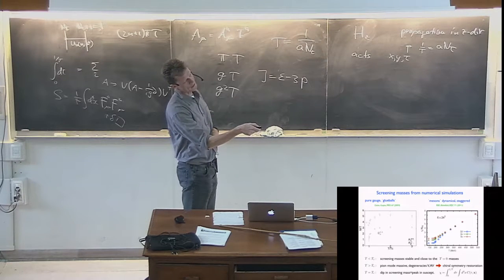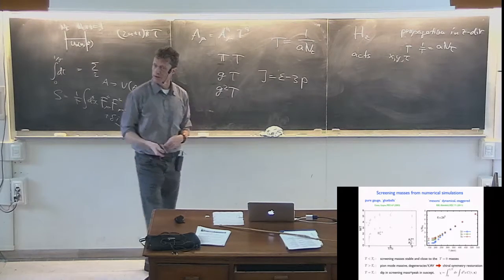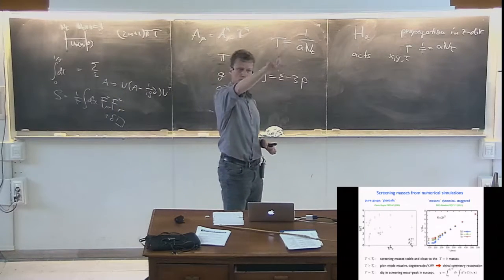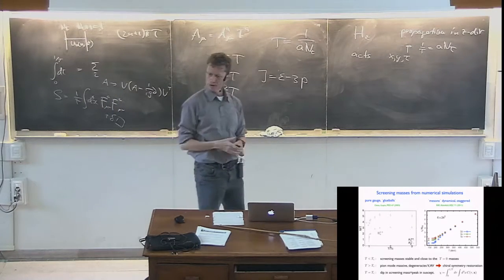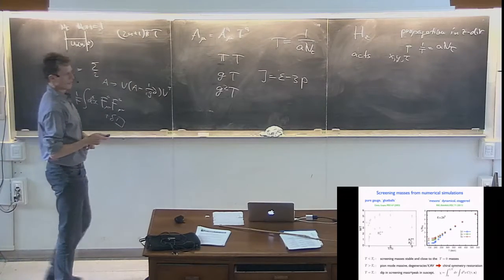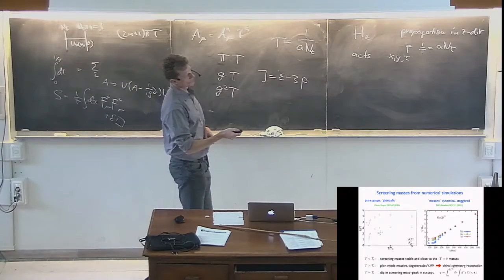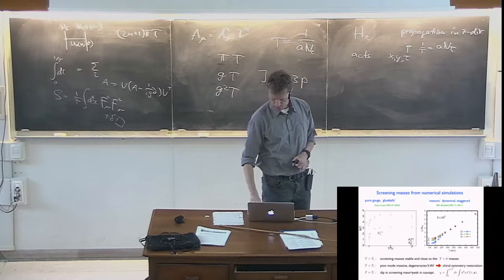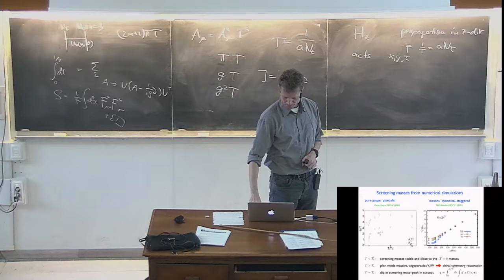And if you go to high temperature, then they start to become all degenerate. And this is a signal for the restoration of chiral symmetry, so the flavors become indistinguishable. So you can nicely see how this is realized, as you compare temperatures below and above the critical temperature for deconfinement.